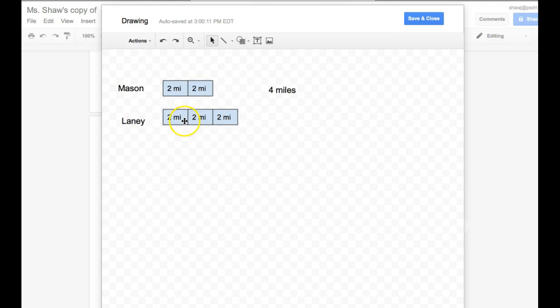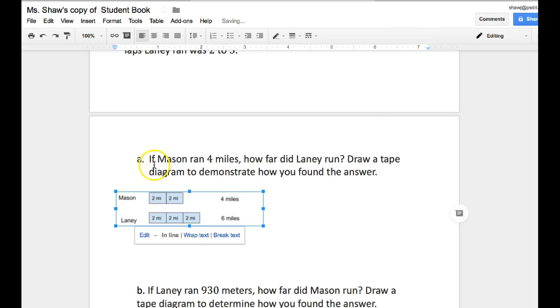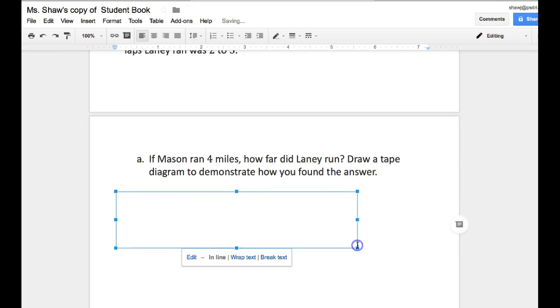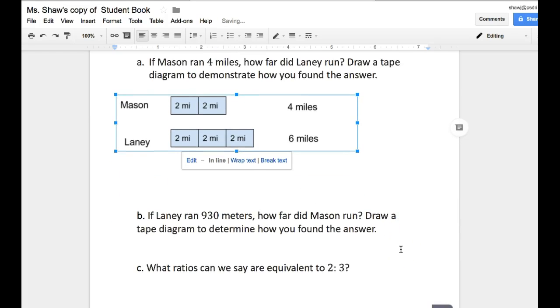How far did Laney run? 2, 4, 6 miles. Let's save and close it and see if we've answered the question. If Mason ran 4 miles, how far did Laney run? Well, if Mason ran 4 miles, Laney ran 6 miles. Wow, this tape diagram stuff really works out pretty well.